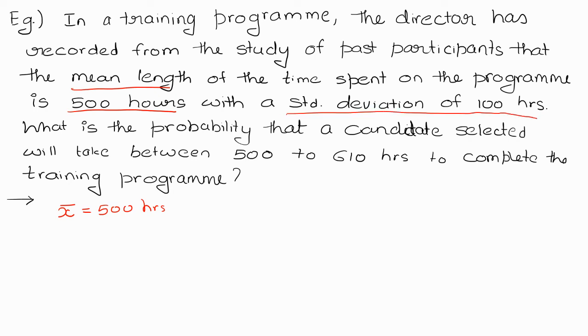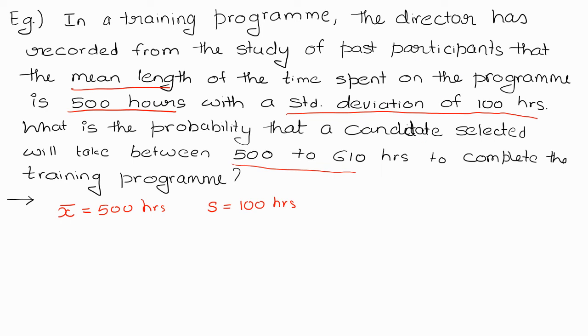So it has been directly given that the standard deviation s is equal to 100 hours. What is the probability that a candidate selected will take between 500 to 610 hours to complete the training program?